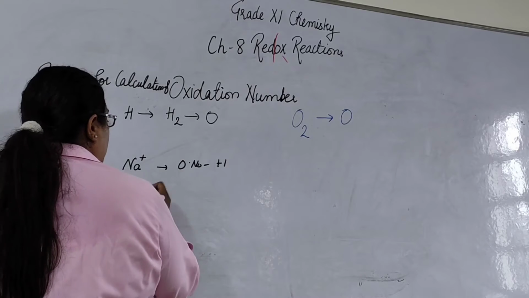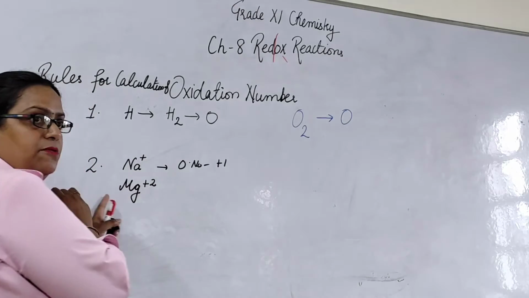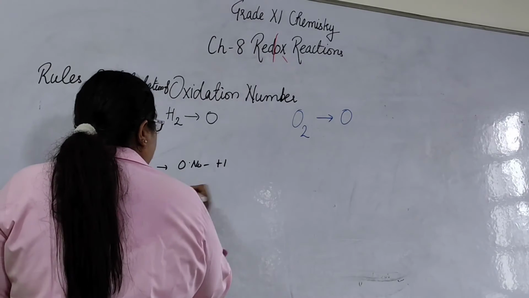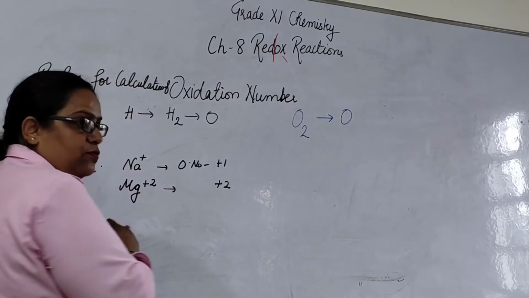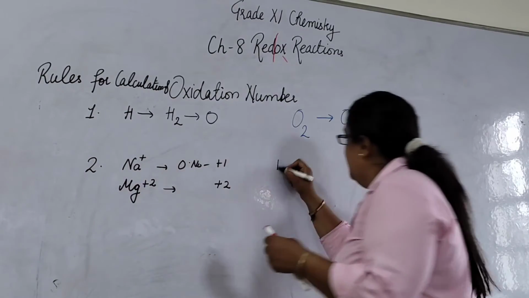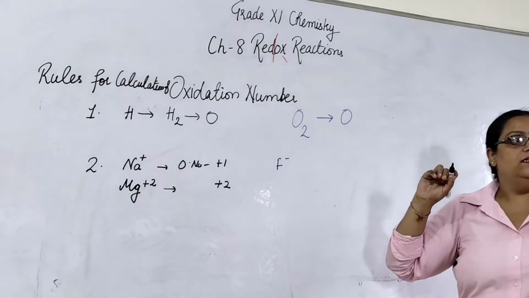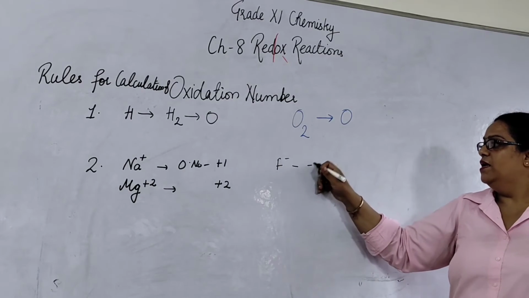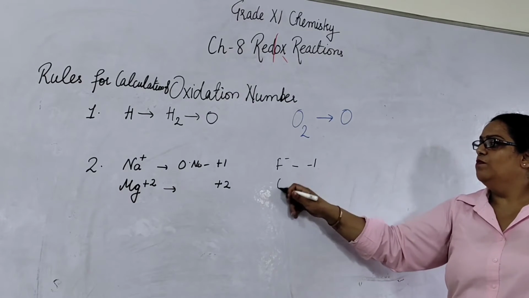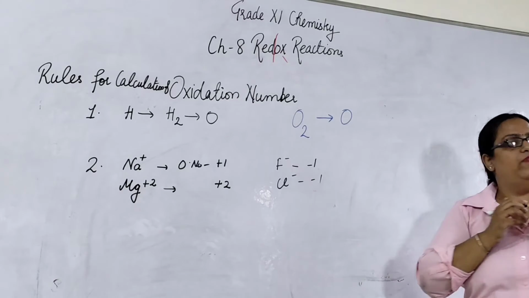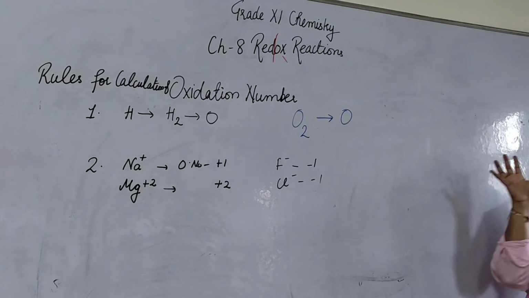Similarly, Mg2+, its charge is +2, so oxidation number is also +2. Similarly, fluoride ion, its charge is -1 and oxidation number is also -1. Fine? Because they are monovalent.